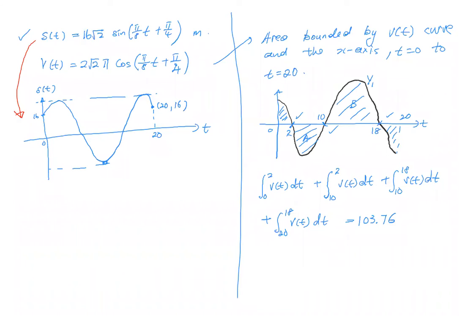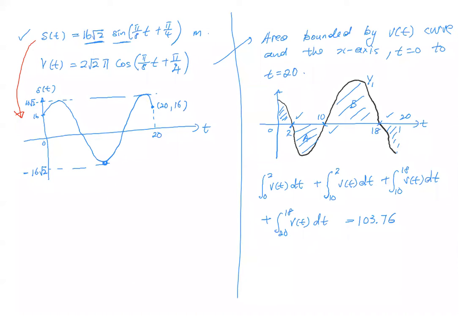Is it 22.6? Is it 16 root 2? Why can you all still not get it? Look, this is called the amplitude. 16 root 2. Lowest, negative 16 root 2. Am I right?